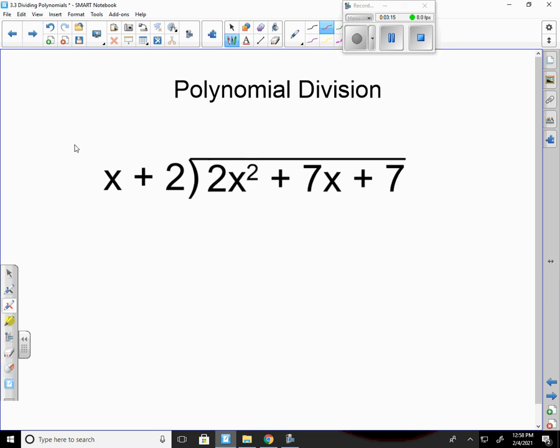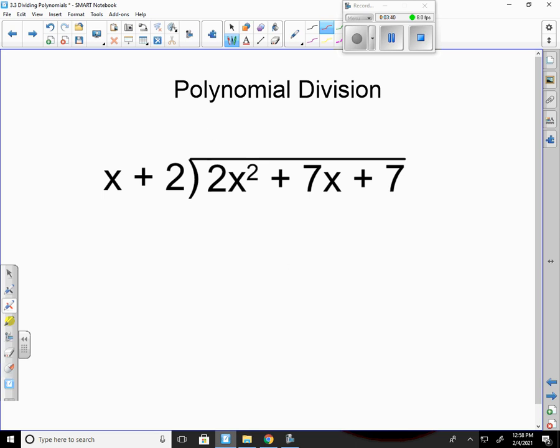When I look at polynomial division, I'm going to have my dividend and my divisor. So I need to first, when I'm doing this, only pay attention to what I need to multiply the x by to get 2x squared. So what times x would give me 2x?